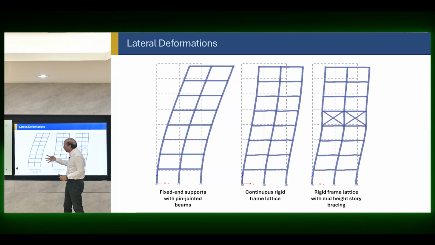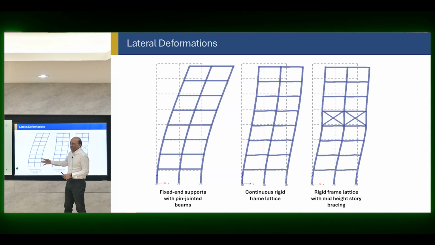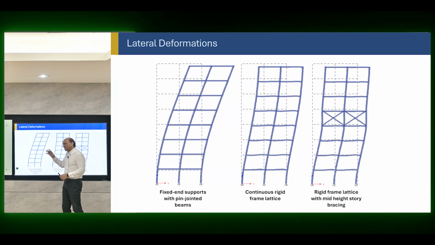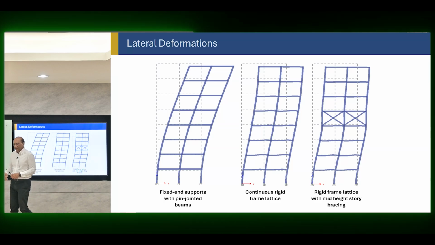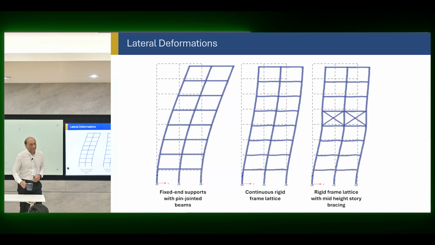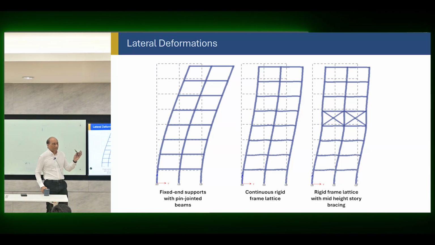That means there is no frame, there's no contribution from the beams to the displacement. The entire drift displacement is contributed by the columns alone. This can never work in a system where you only rely on columns to control the drift; it just will not work. So columns are very flexible.